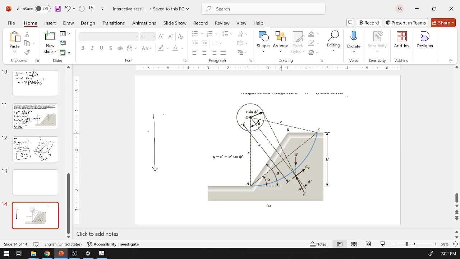Then we will calculate the total cohesion, which is small CD times R theta, isn't it? And then we take this, and from here we join.